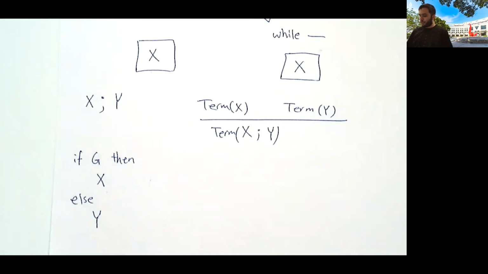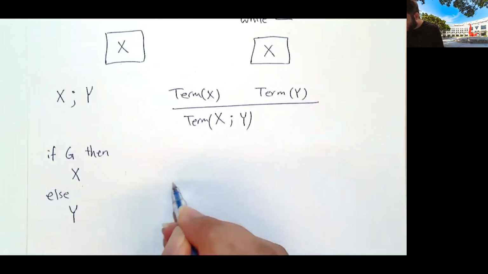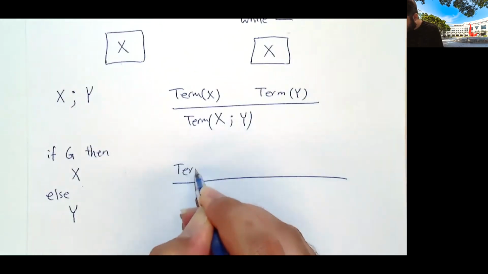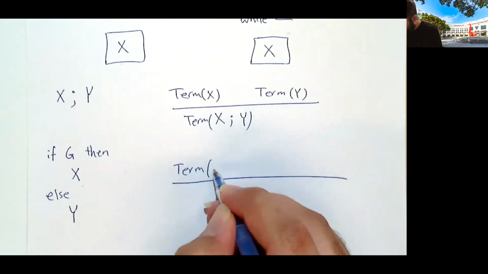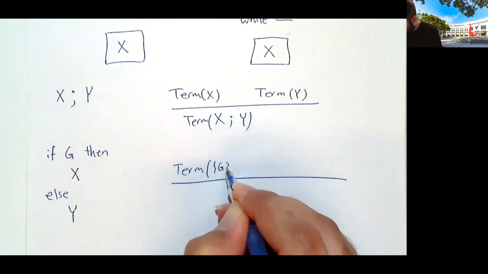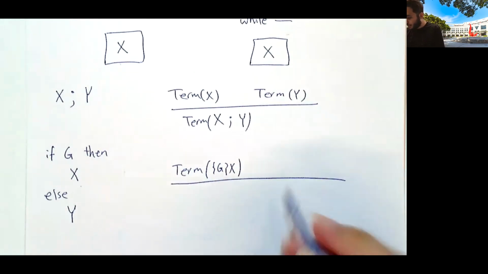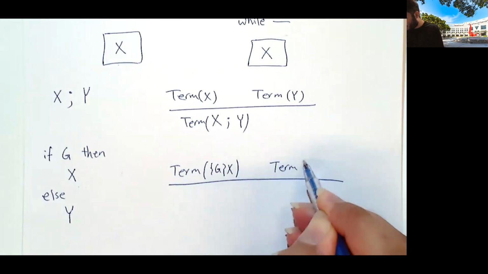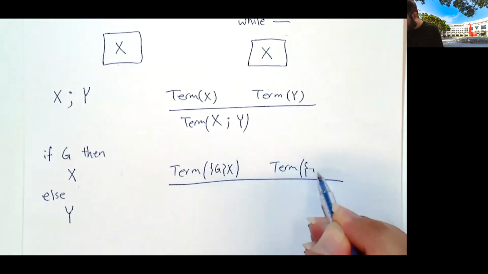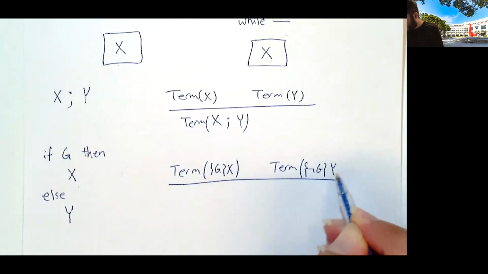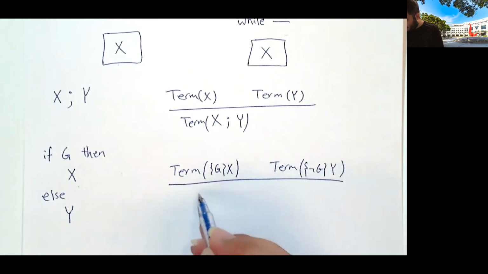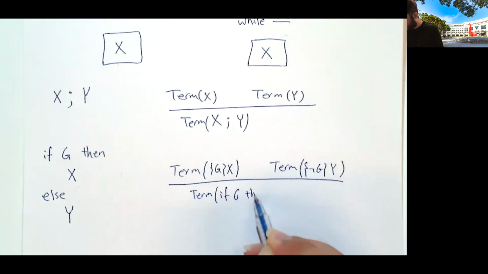And I can do the same thing for Y. So let me just misuse the notation a little bit and write it like this, term of G, X. And what I mean by this is that I'm assuming G as an invariant at the first line of X. And if I have term of also not G, Y, then I can be sure that this whole thing terminates.